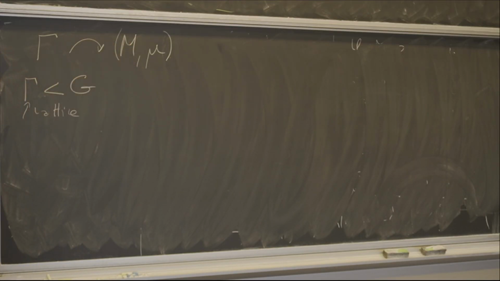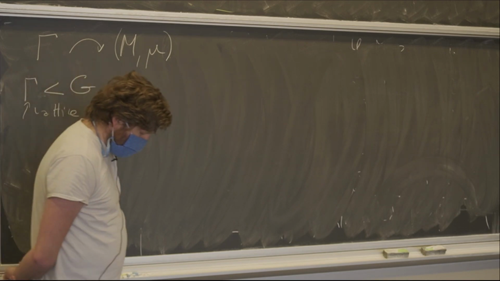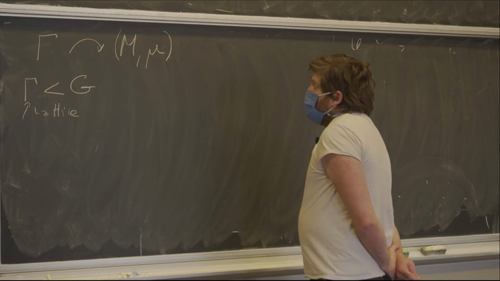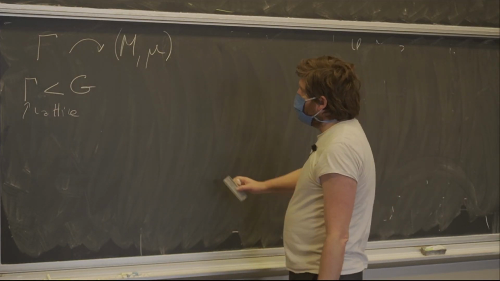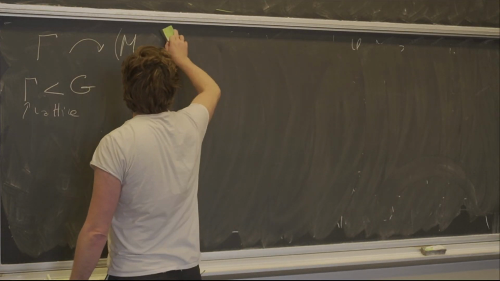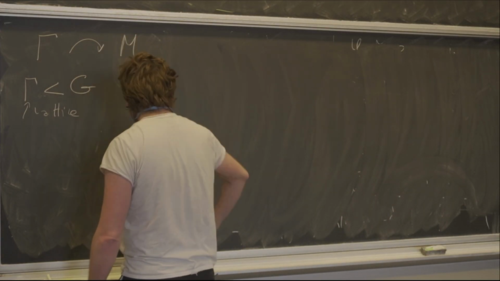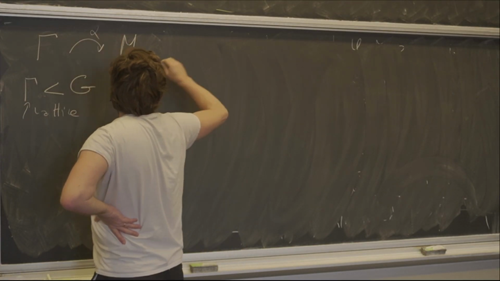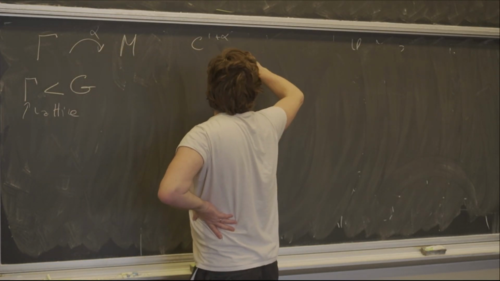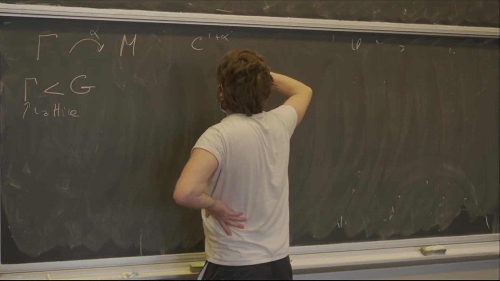So you have this action there. And no measure, sorry. So no invariant measure so far. Invariant measure will show up later. So this is alpha, and again it is C1 plus Hölder diffeos.